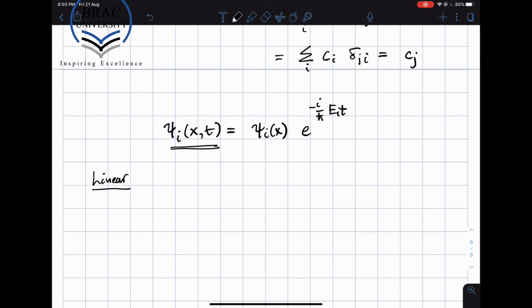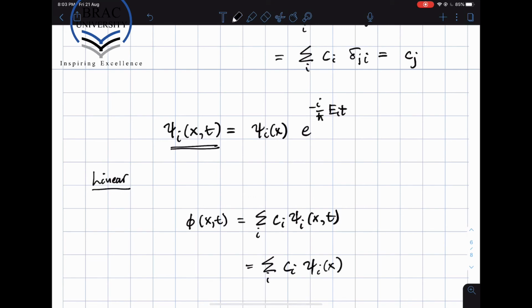Therefore, what we can say is that, since phi is a linear combination of psi at time equals 0, it must be that this is also a linear combination at later times. Or in other words, this is given by the spatial part times the exponential part.